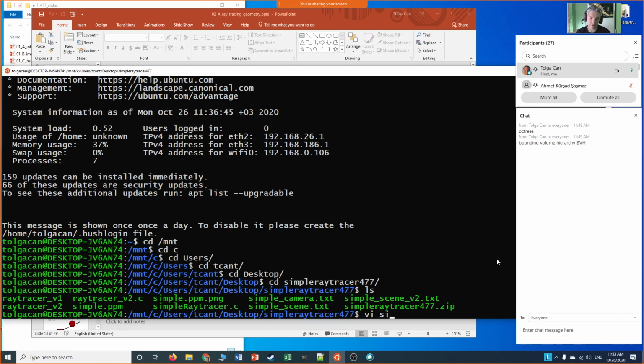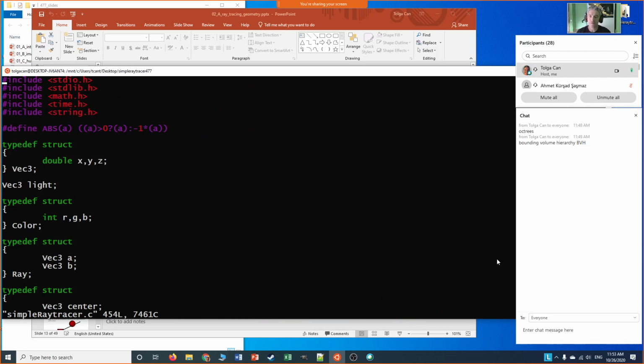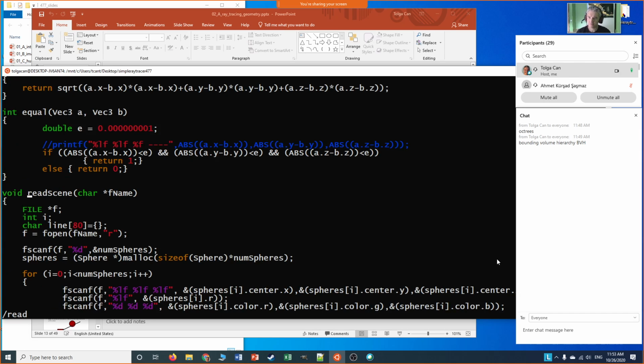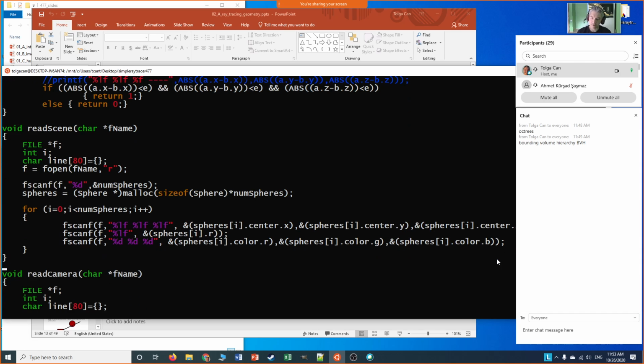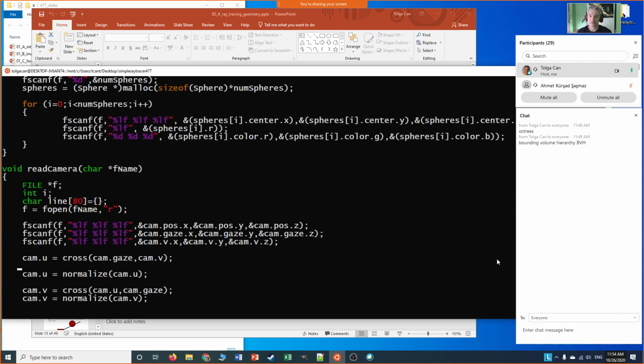If you look at the simple ray tracer, it was I think in read scene. When we are reading the scene file, we are reading the camera. As you can see, we are first reading the eye position.